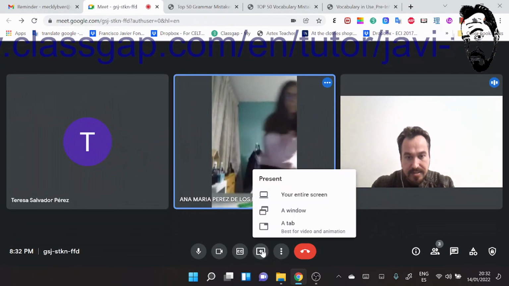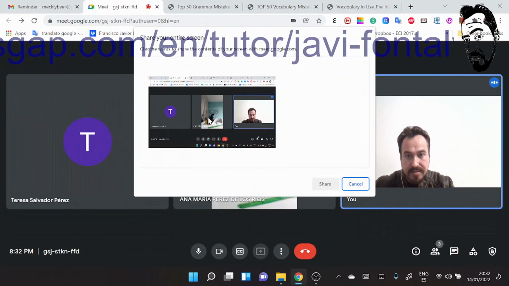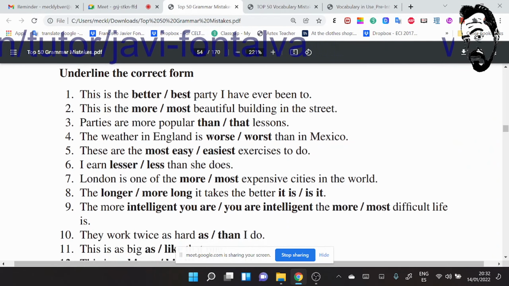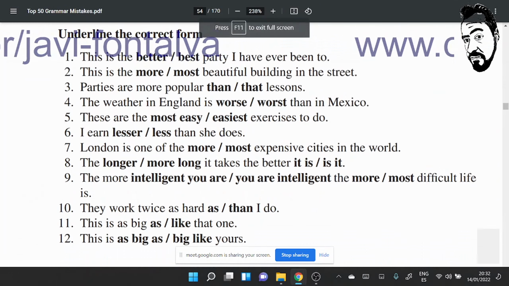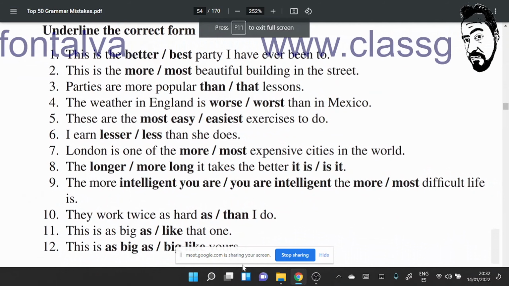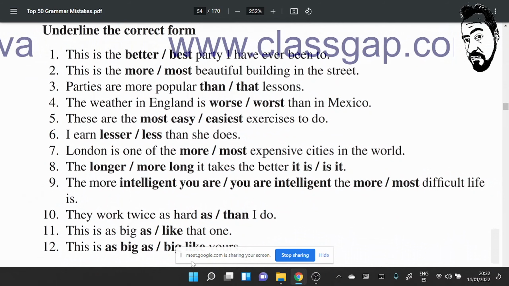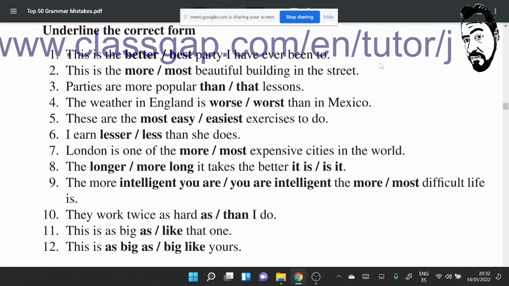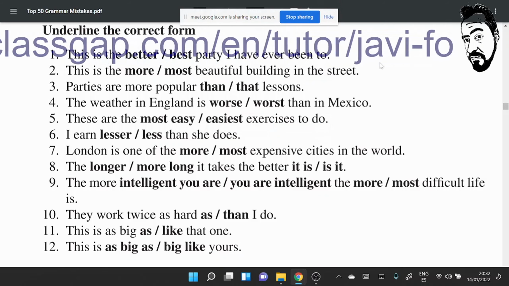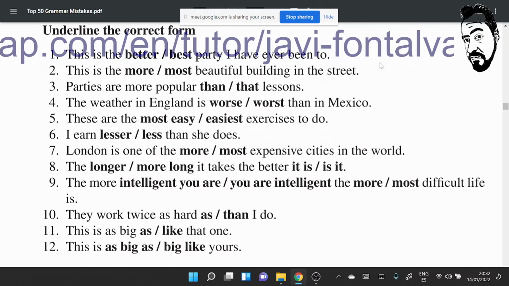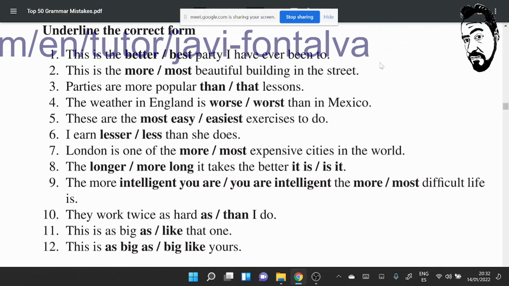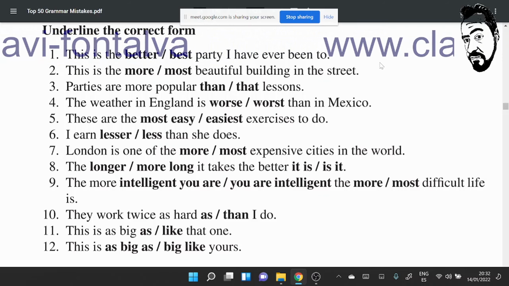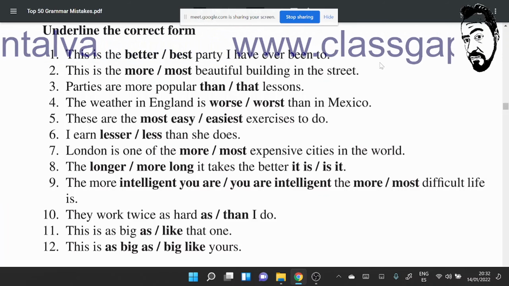Just let me share the screen so you can see it. Sorry, my tablet has died. Don't worry, you ran out of battery. Okay. Can you see this?